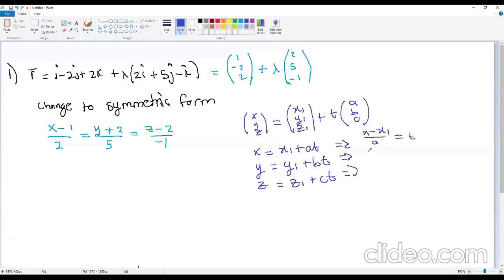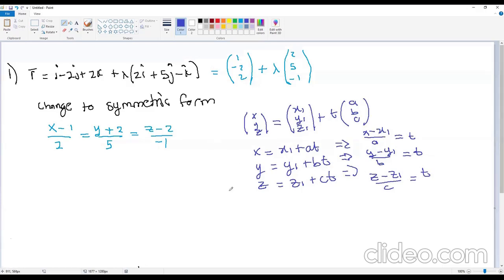The same thing with this one: z minus z1 over c will be left with t. Because all these t's are the same thing, this is t, this is t, this is t.